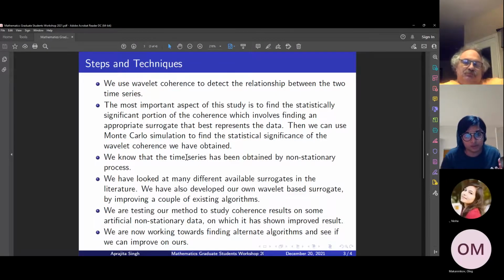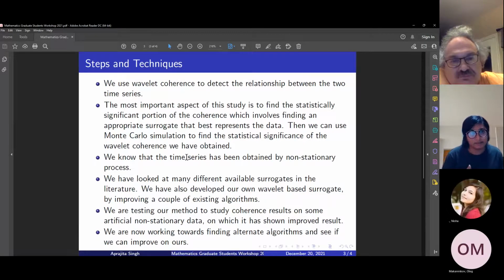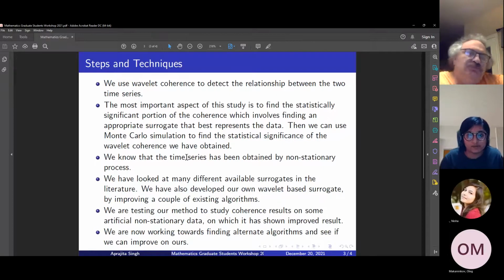Once we find the coherence between two time series, we want to find what part of the coherence we have obtained is actually statistically significant, because if it's not statistically significant, it does not hold much value to us. Finding the statistically significant portion involves finding an appropriate surrogate that best represents the data. Once we have found the appropriate surrogate, then we can use Monte Carlo simulation to find the statistical significance of the wavelet coherence that we have obtained.